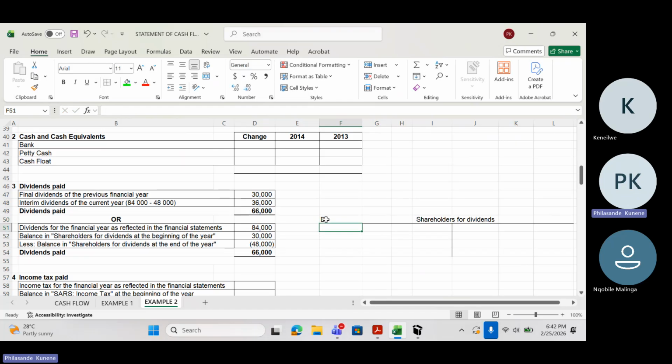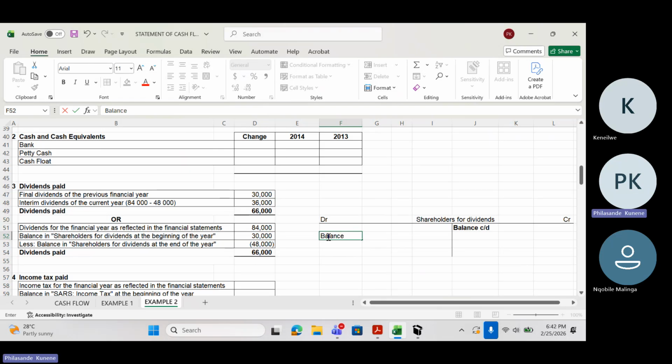We have a debit and we have a credit side. We must not forget that this is a liability account, and liabilities increase on the credit side and decrease on the debit side. So our balance carried down will be on our credit side, right? And then we're going to have our balance brought down on the debit side.